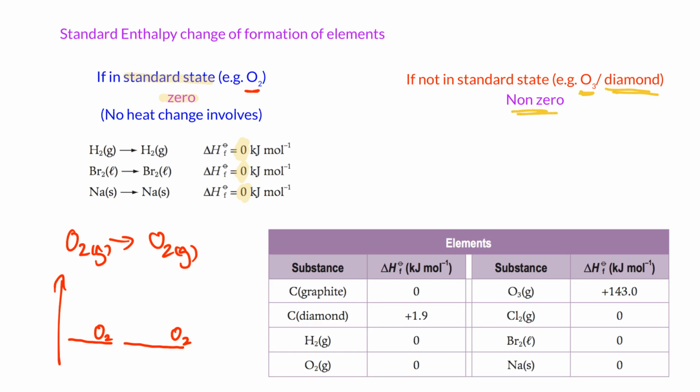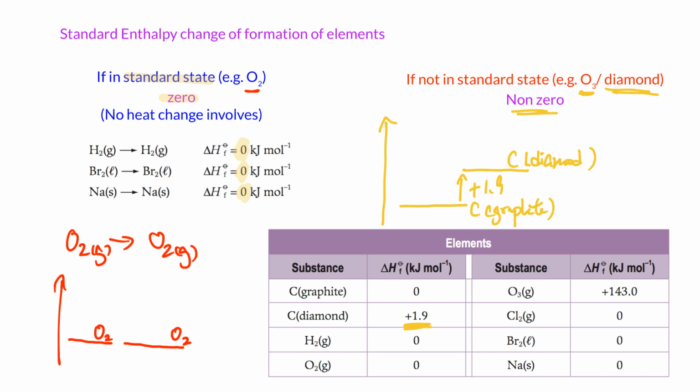For example, going from graphite to carbon diamond, because they are not the same substance, it will be a positive 1.9. You can see here it will have a small change in that formation. You may say that is a very little amount of energy, just 1.9 kilojoule per mole.